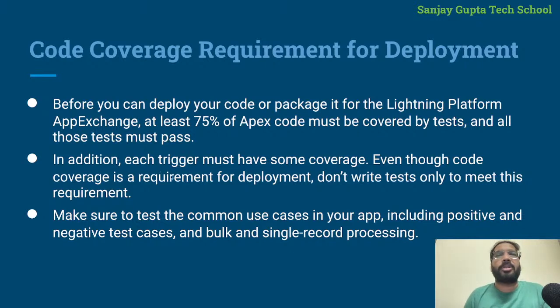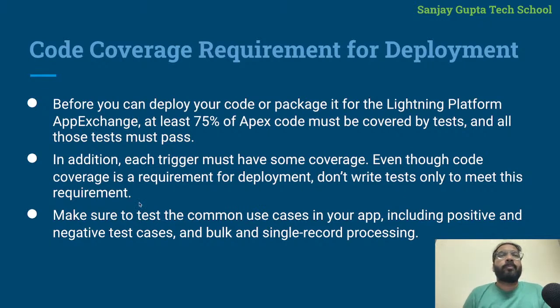So everything I will be showing you with simple examples, and in tomorrow's session I will be taking some complex scenarios. So in addition, each trigger must have some coverage. Even though code coverage is a requirement for deployment, don't write tests only to meet this requirement, right?